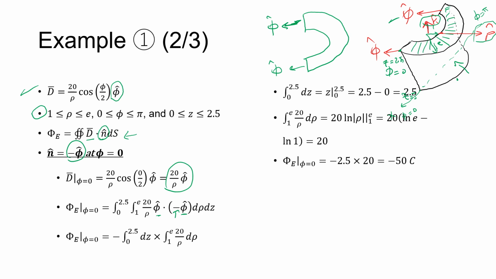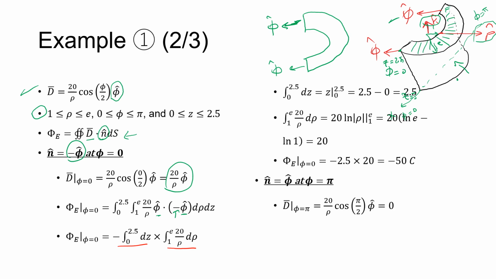Then simple calculation for the two integrals. One integral for rho from 1 to e, and one integral for z from 0 to 0.5. So we divide the two integrals. Then it's just very simple mathematical calculation.